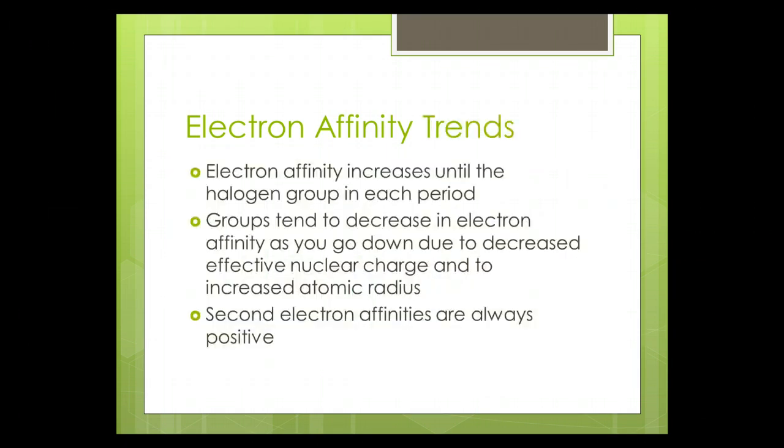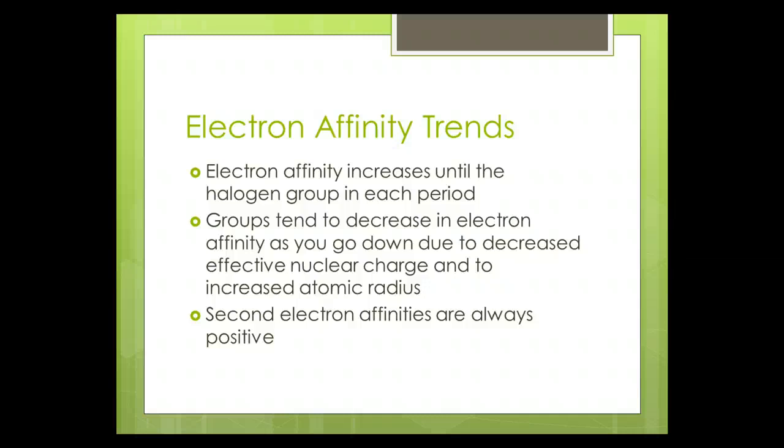So, electron affinity trends. Electron affinity increases until we reach the halogen group in any period, and groups tend to decrease in electron affinity as you go down, due to decreased effective nuclear charge and due to increased atomic radius.